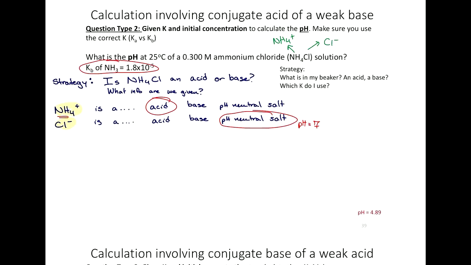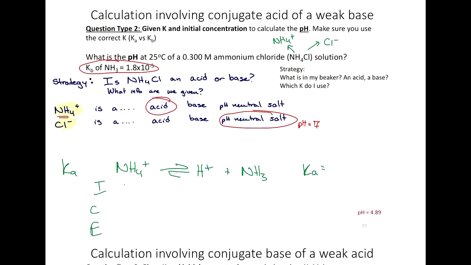So let's write the reaction where ammonium is acting like an acid. What do acids do? They donate protons. So we donate a proton, and then what's left over? NH3. Perfect. So that's Ka. All right, so Ka equals all those things. Let's do our ice table.